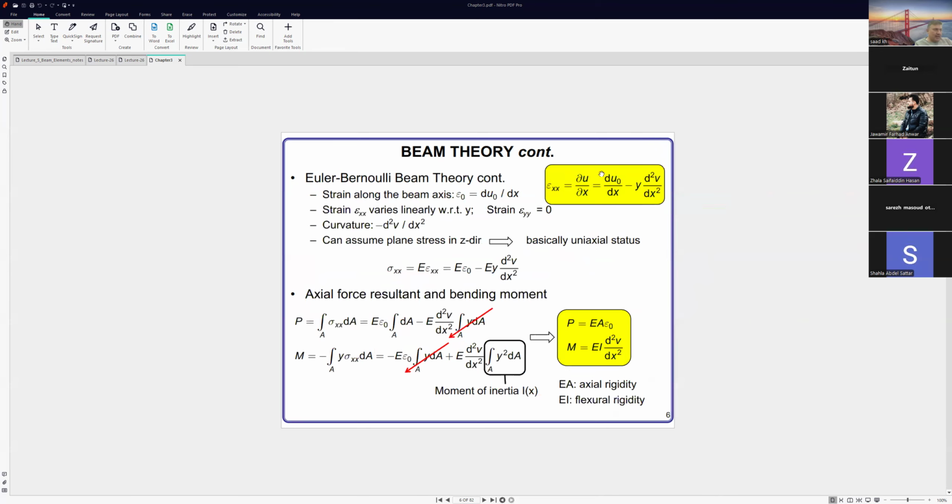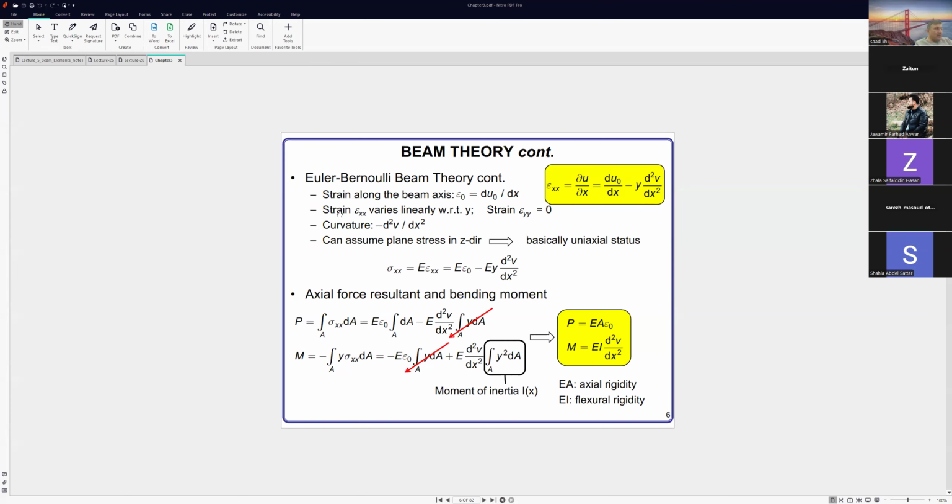So we write again here: the strain along the beam axis, this is epsilon naught or epsilon zero, equal to du naught over dx. So we can substitute epsilon zero for du naught over dx, minus y d squared v over dx squared.